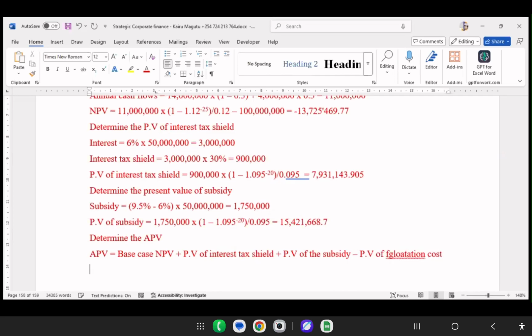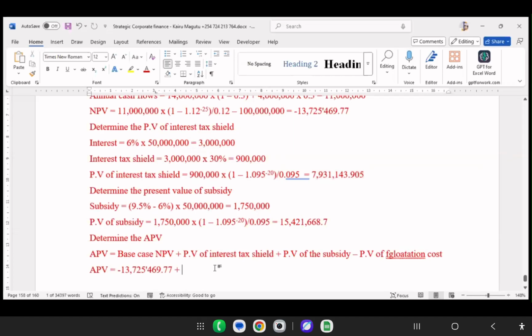We are not given any information about the flotation costs. So APV is equal to base case NPV, which was negative here. Then you add the present value of the interest tax shield, which was positive 7.